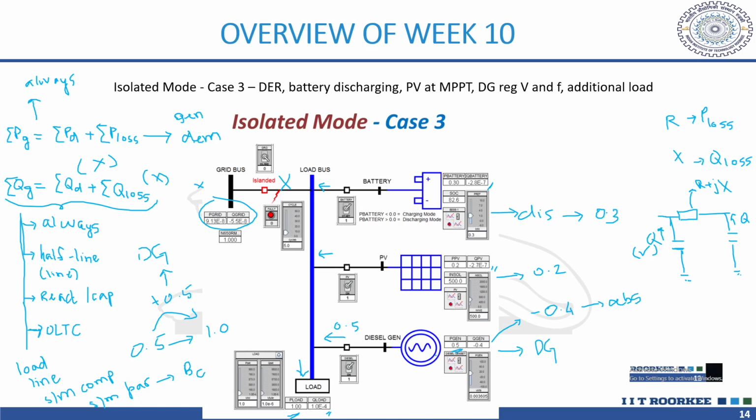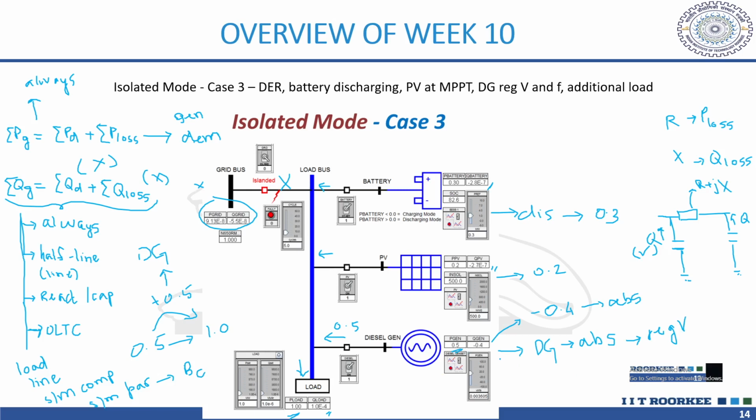So here you can see that although this P load is near about zero, battery is also zero, PV is zero, still this DG is absorbing some power. So it may be doing this for regulating the voltage, right?